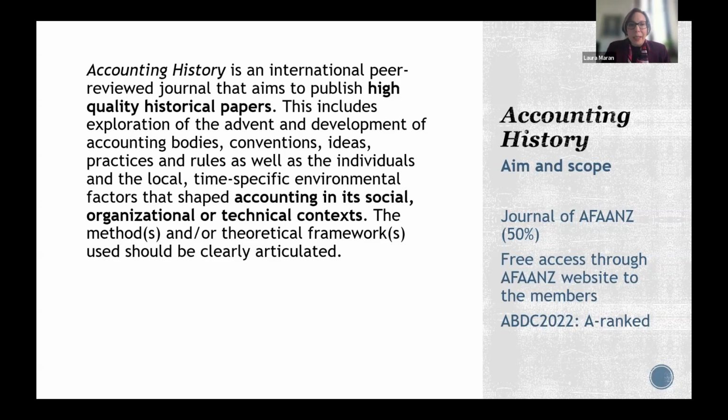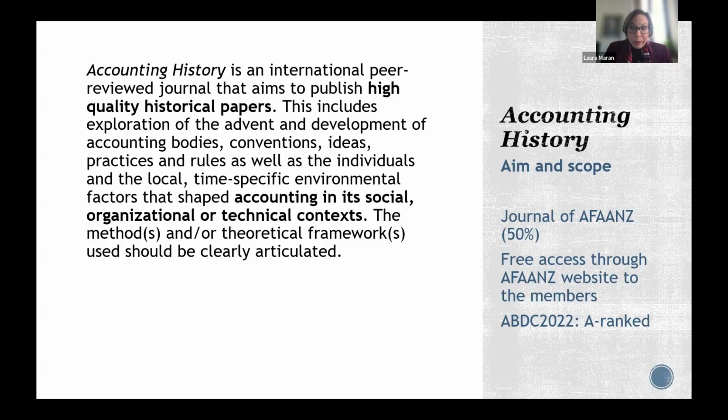Our journal is a peer-reviewed international journal. It collects contributions in the English language, and it is well known for its interdisciplinarity and for the view that accounting is also a social phenomenon, and therefore needs to be contextualized within organizations, within its technicalities, and also within the social and environmental context.